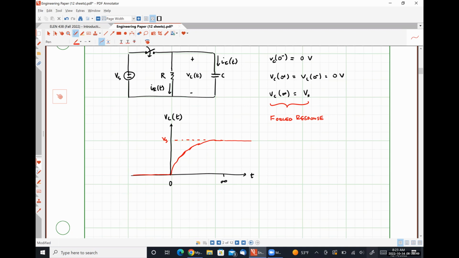The reason it's called the forced response of the system is because a forcing function, in this case our DC voltage source, is forcing our capacitor voltage to have a non-zero value at t is equal to infinity. So we're settling to some value that is not 0 because our capacitor, once it reaches DC steady state, still has some amount of energy stored in it. We would see the exact same thing if we were looking at an inductor circuit.